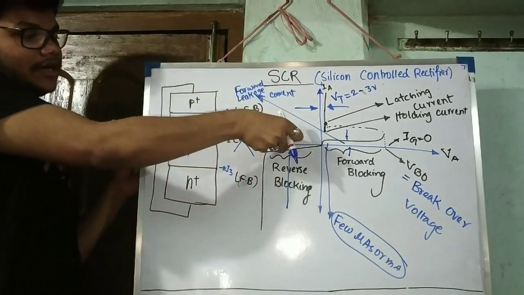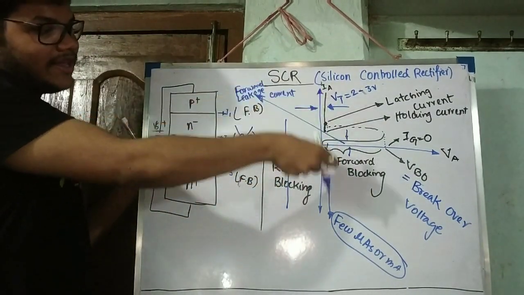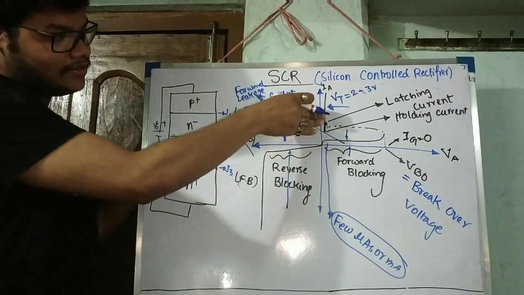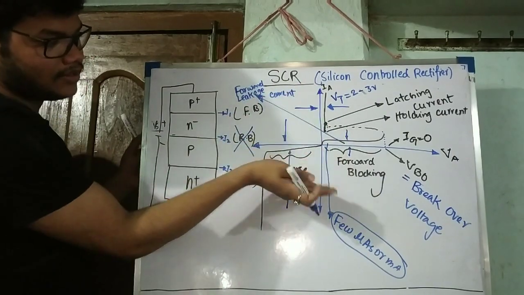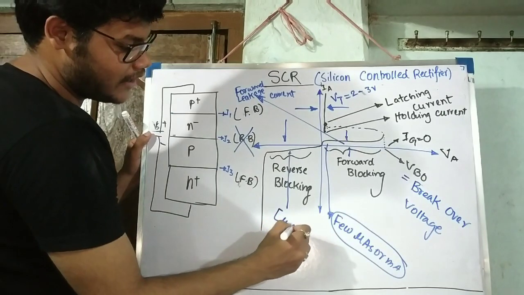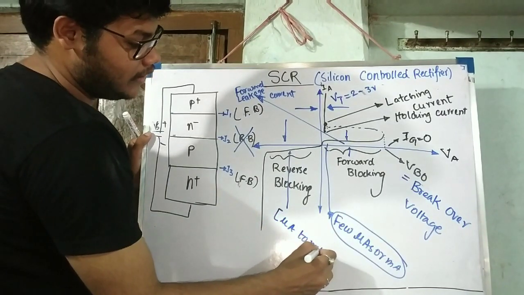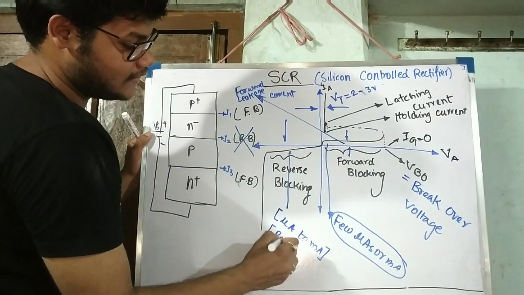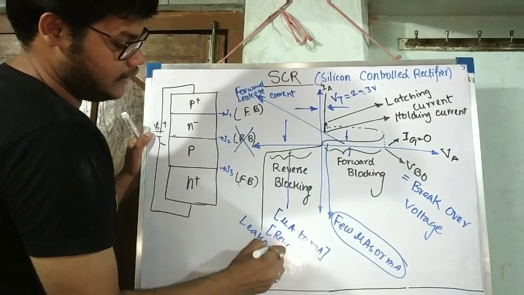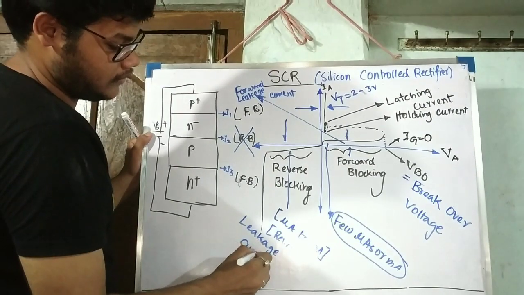The y-axis here is current, and it is in the reverse direction. This is also some microamperes to milliamperes. This is the reverse leakage current.